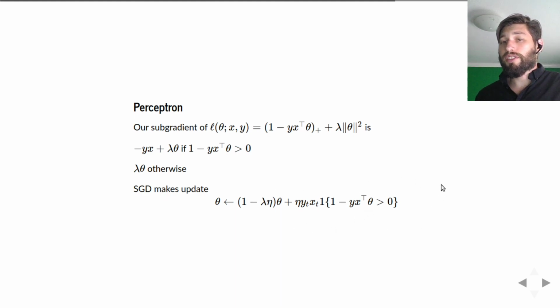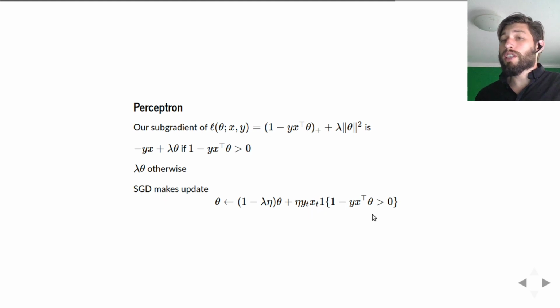So let's think about this part here. If we're on the wrong side of the margin, for SVMs, let's remember this, then we also add in this part, which is eta times y_t times x_t.